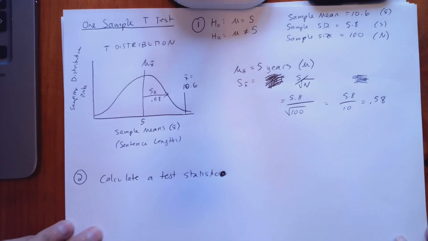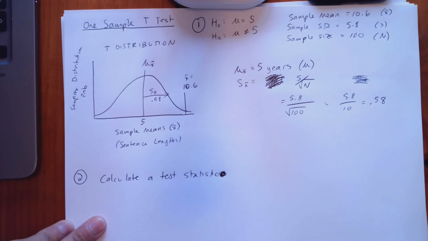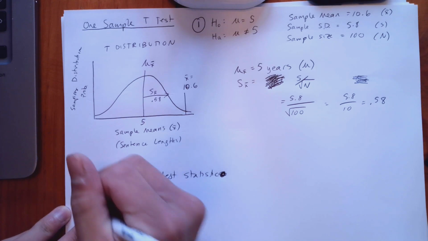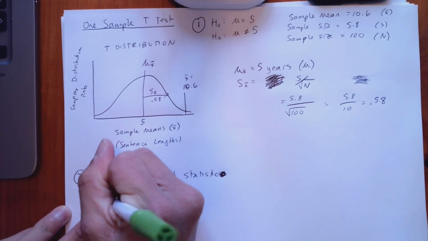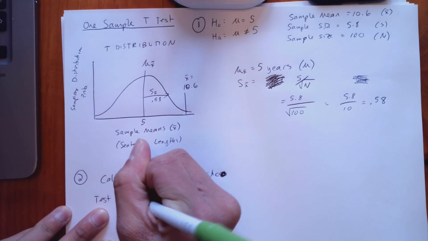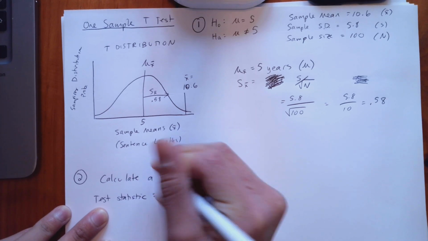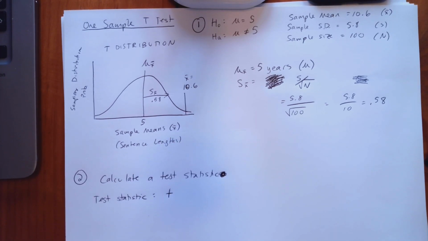So the test statistic in our t-test is going to be some t-statistic, which we'll refer to as t. And a t-statistic, again, has the exact same meaning as a z-score.